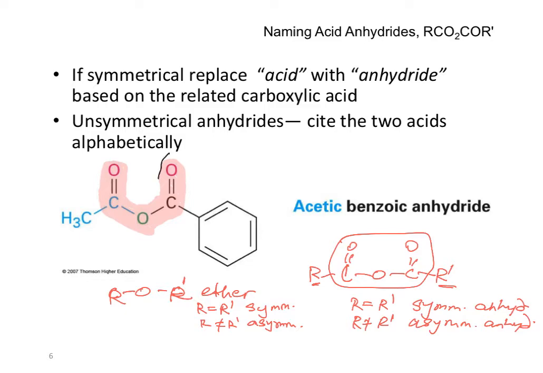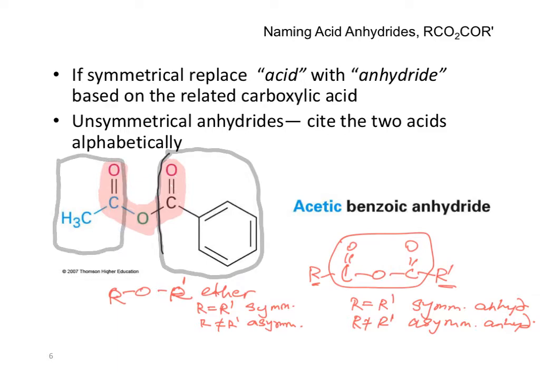All right. So in order to name it, all you've got to do is get the name of the carboxylic acid. The name of the carboxylic acid it's stemming from is benzoic acid. It's also stemming from acetic acid. And then the word anhydride to describe the functionality is there. So acetic benzoic anhydride. Now you may say, why did acetic come prior to benzoic? The reason for that is just alphabetizing, nothing bigger than that.